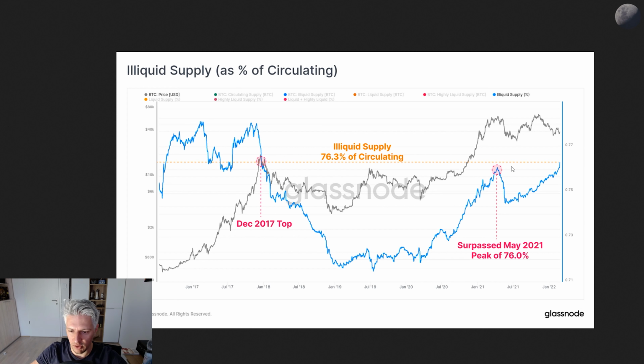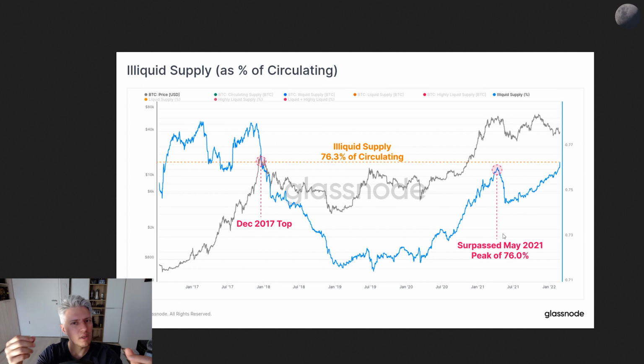It's reaching levels above the top here in May 2021, which is fascinating because we are now in a bottom structure and we are already surpassing that peak of 76% in May 2021. And we are reaching levels that are not so far away anymore from levels in 2017.